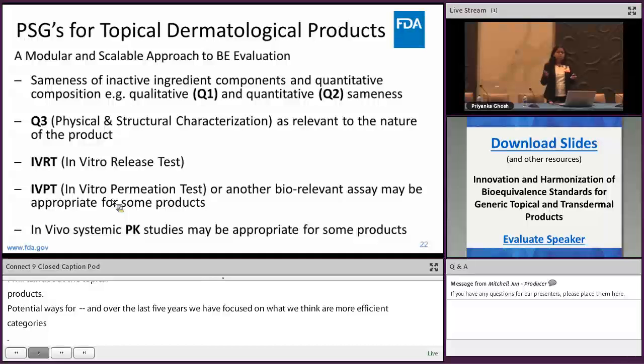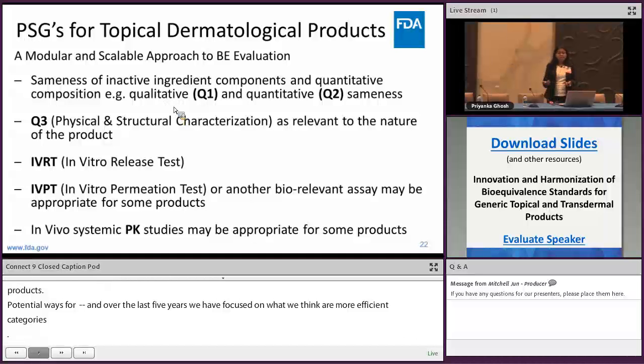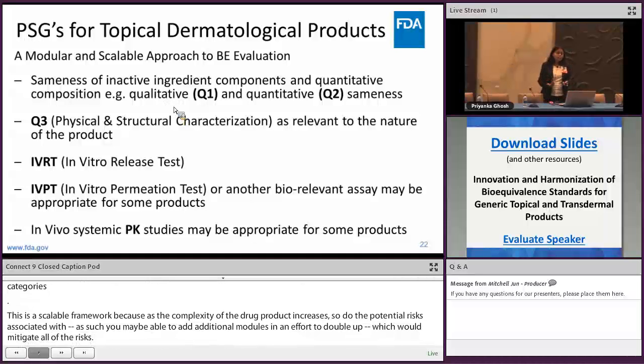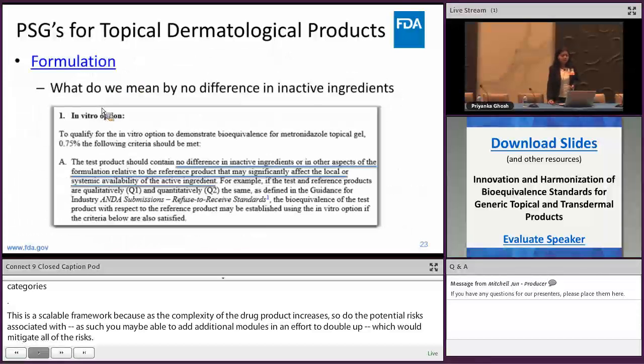And as such, you may be able to add additional modules in an effort to develop an efficient bioequivalence strategy, which would mitigate all those risks. So I'm going to go through each of these components as they appear in our guidances and try to explain what the expectation is usually for the recommendations that we provide.